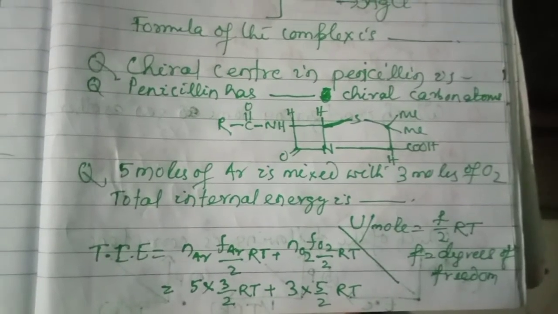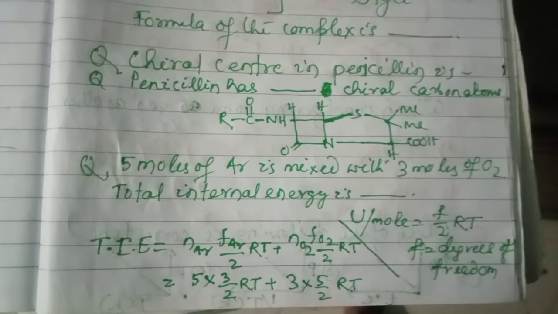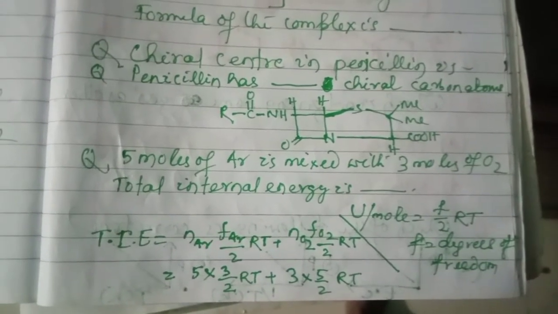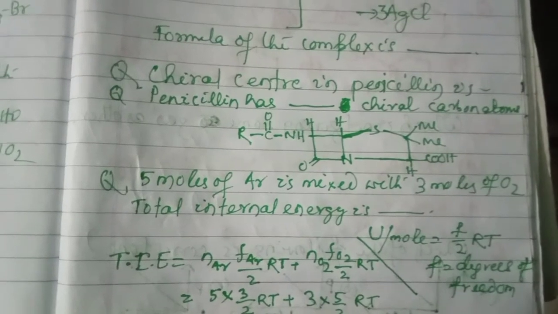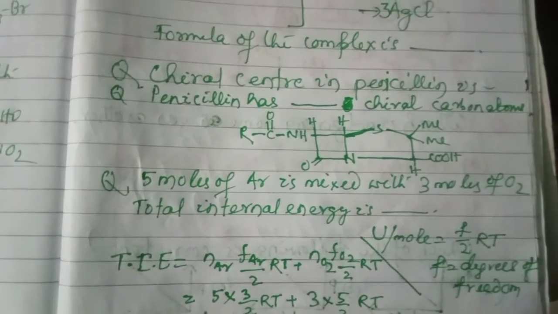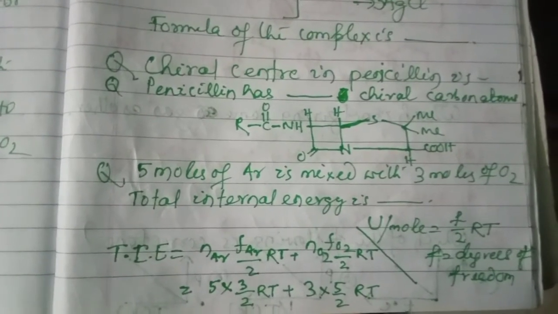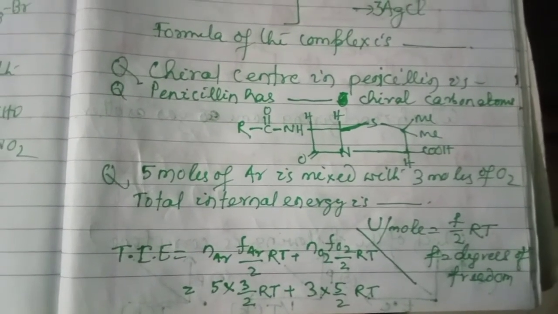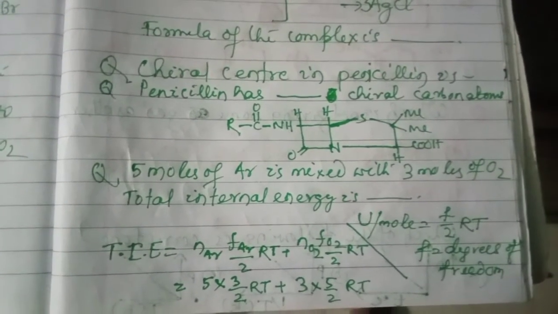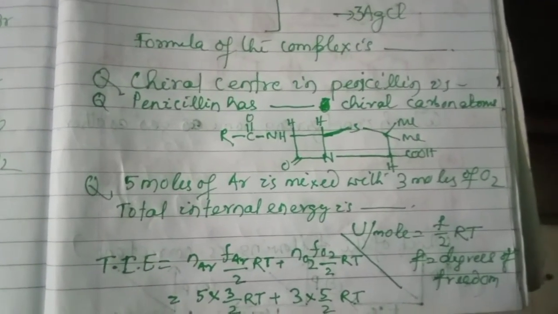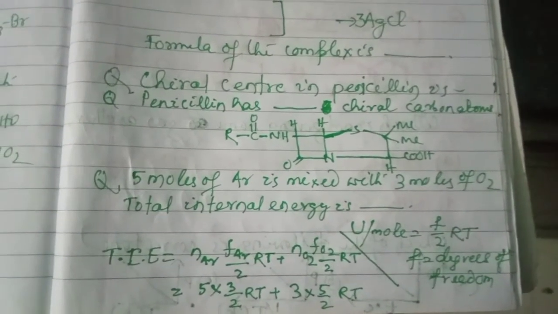Argon is monoatomic, so degree of freedom for argon is 3. So the formula is 5 into 3 RT by 2. In case of oxygen, number of moles are 3 and degree of freedom for diatomic is 5. So you see in both cases it is 15 by 2 RT, 15 by 2 RT. So total internal energy is 15 by 2 RT, and internal energy per mole is equal to f by 2 RT, where f is the degree of freedom.